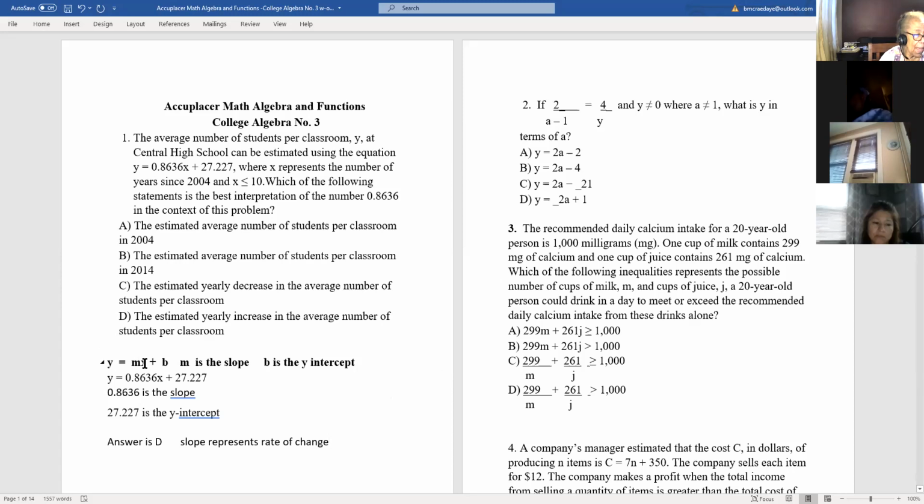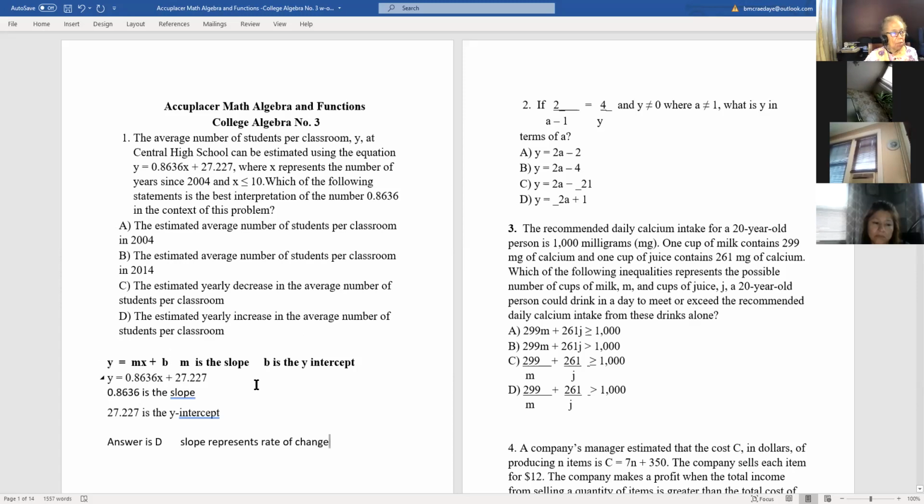We notice that this equation, y equals 0.8636x plus 27.227, is in the same format as our slope-intercept equation. So the coefficient, that's the number in front of the x, is the slope. And the constant b is the y-intercept, okay?